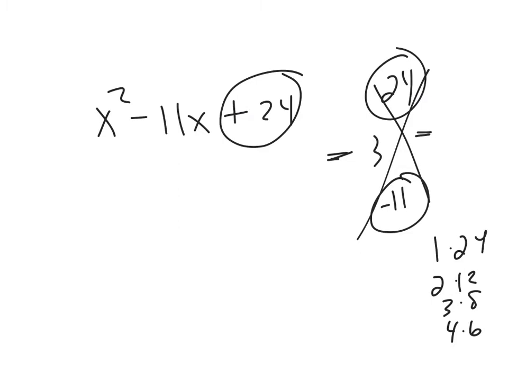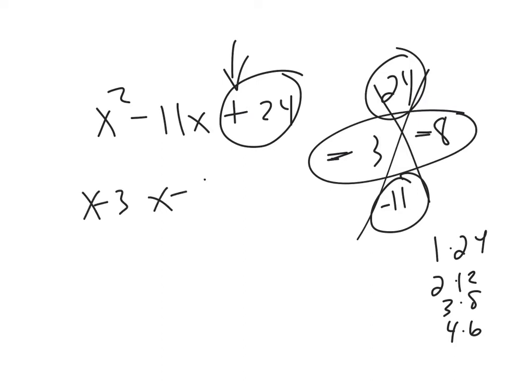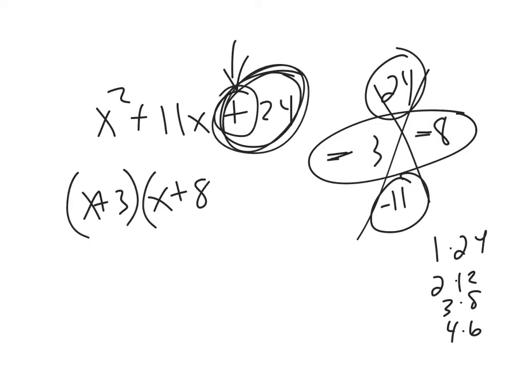Now the factors of 24 that make 11, well, it's got to be 3 and 8. So whenever this sign is positive, my two factors have to be the same sign. So it's going to be x minus 3 and x minus 8. If this had been a positive here, then they would both have been positive. Hopefully that makes sense. Whenever the last sign is positive, the two factors have to be the same sign.